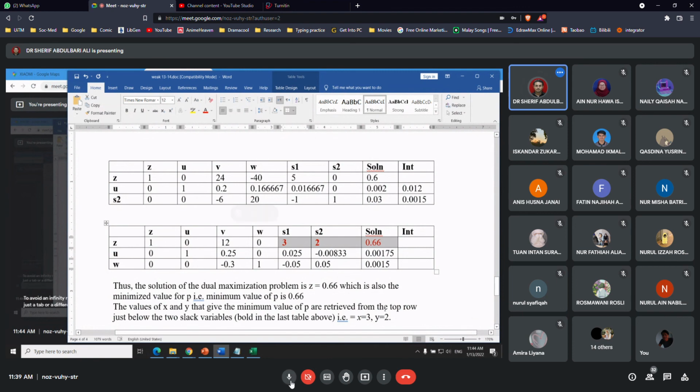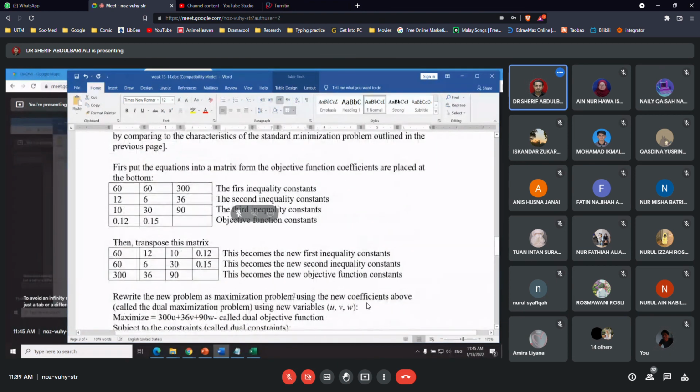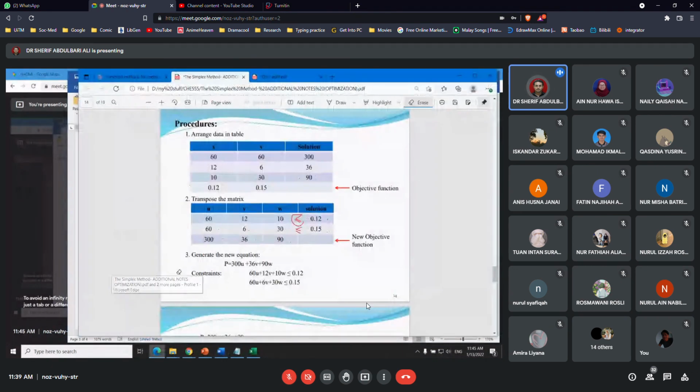Yes, very perfect. Remember that at the beginning of the solution of a minimization problem, when we convert it into a maximization problem, we transpose the table. So when you transpose the table, the rows become the columns and the columns become the rows.